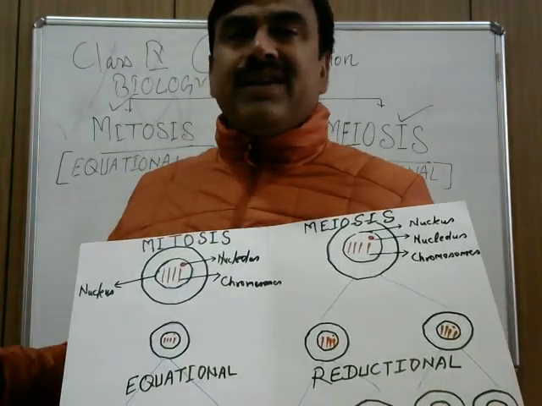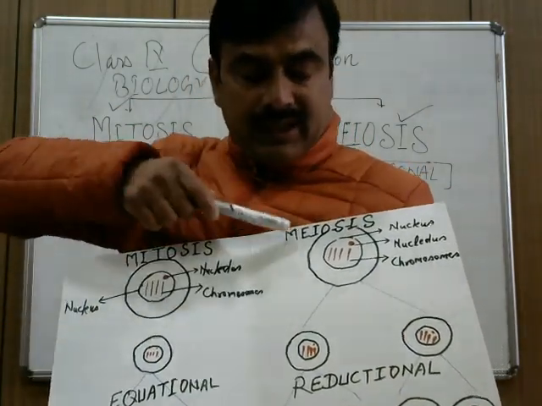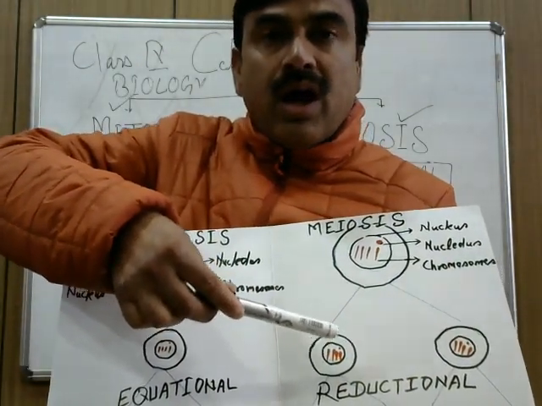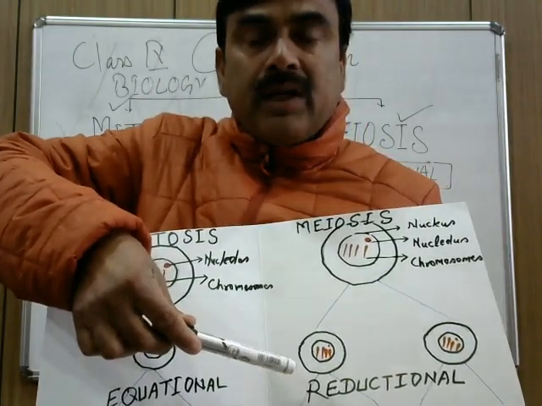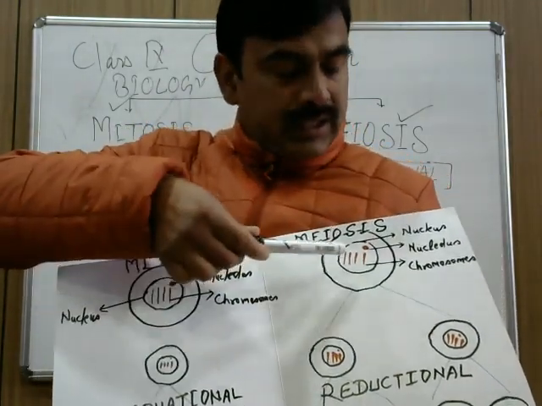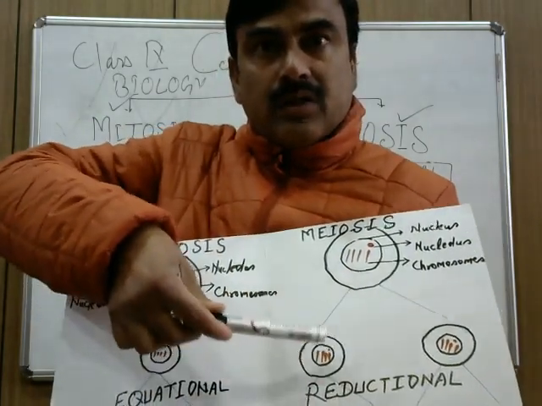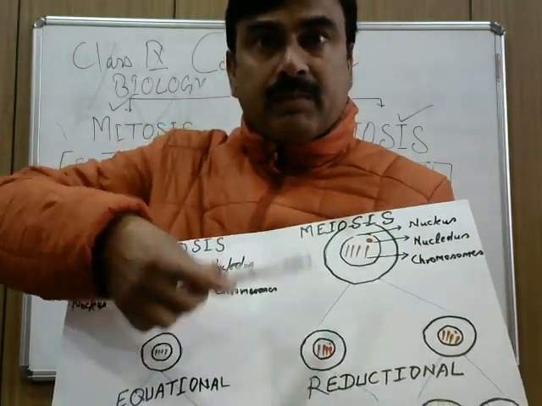And it is very easy to understand that the number of chromosomes is reduced by half. Comparatively, they are half in number to the parent cell. In the daughter cells, chromosomes become half in number.